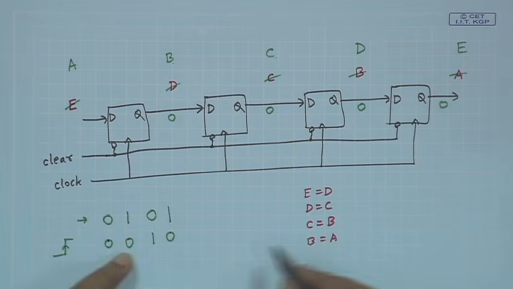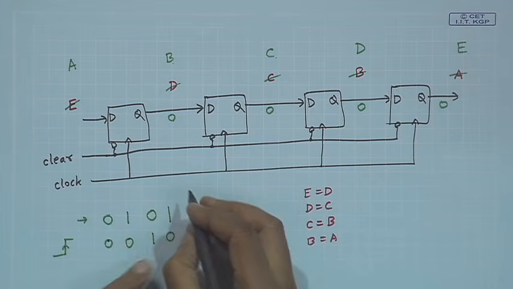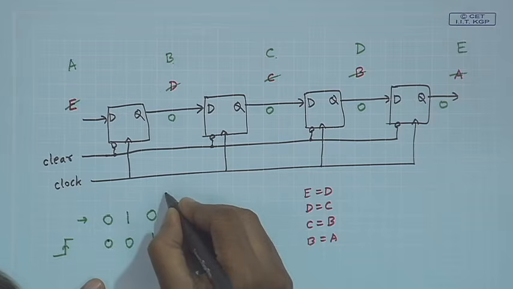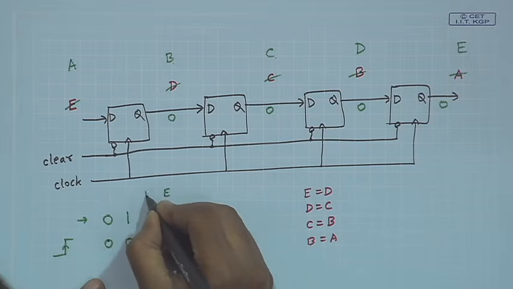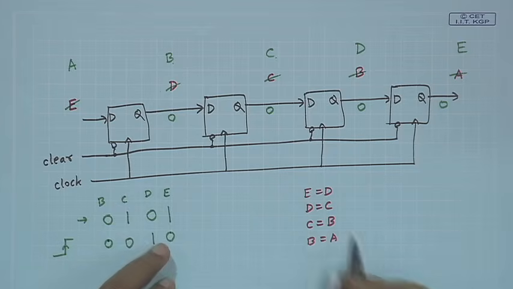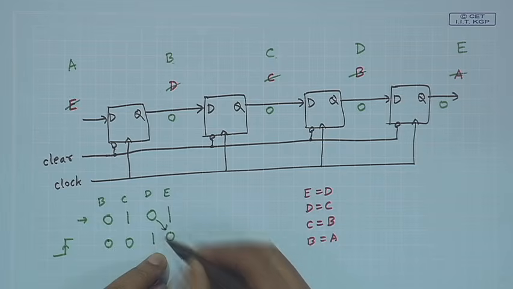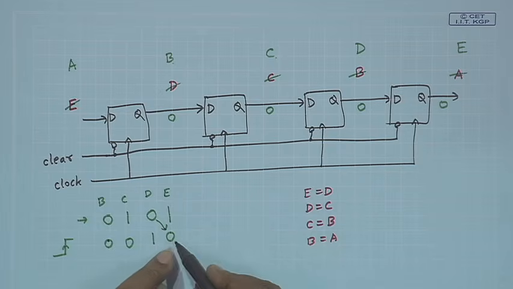So, you see, this is E, this is D, this is C, this is B. D equal to E, whatever was in D goes to E. This is the first step.